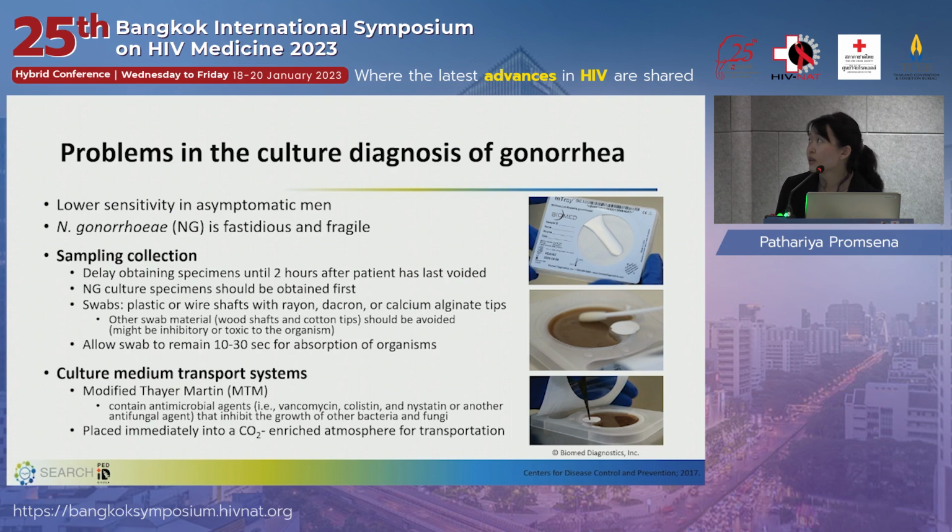The picture on the right-hand side shows the commercial culture medium that we used in the gonococcal vaccine study. It's called InTray GC, a modified Thayer-Martin medium that is ready to start carbon dioxide production at the point of care by puncturing the carbon dioxide seal after finishing inoculation. So there is no need for a carbon dioxide incubator during transportation, and it may improve the yield of culture-positive gonorrhea.